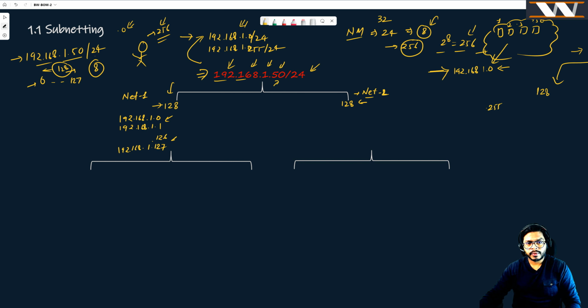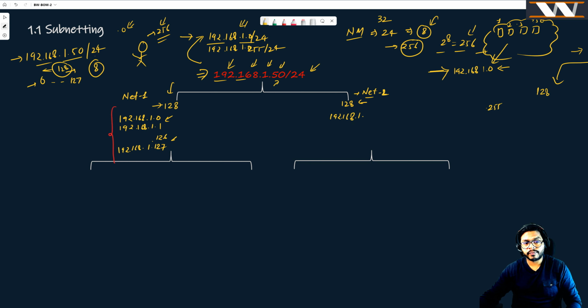Now, you have divided the network, and you know that if you divide the network 192.168.1.0, it is going to give you two networks. And these are exactly the IP addresses for them, right? Similarly, on the right hand side of the network, you can calculate easily that the first number is going to be 192.168.1. What?